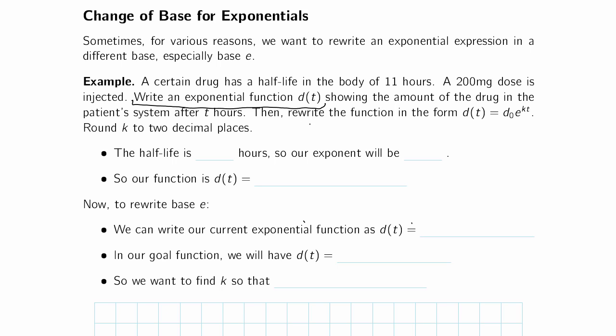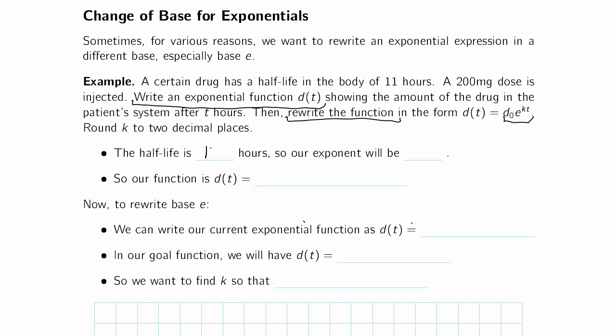Then we're going to rewrite the function in the form d0 times e to something times t. So we're going to rewrite it in a form that looks like the interest compounded continuously formula. How will we go about that?